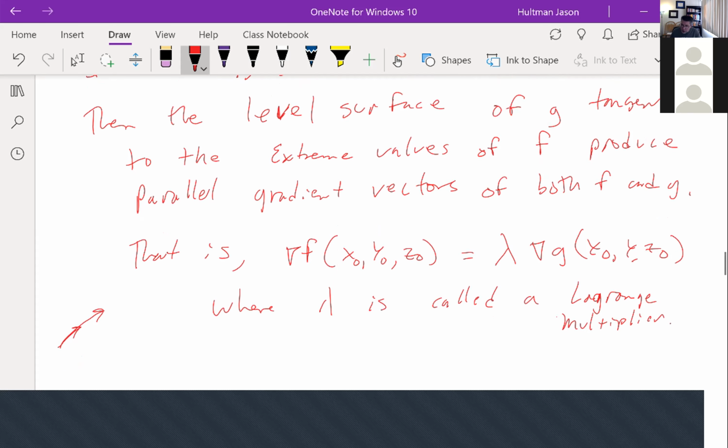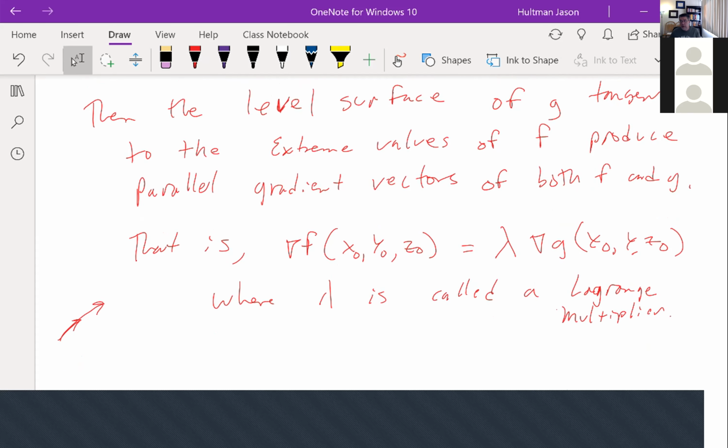Okay, so our goal, your mission, should you choose to accept it, is to figure out what lambda is or get rid of it.